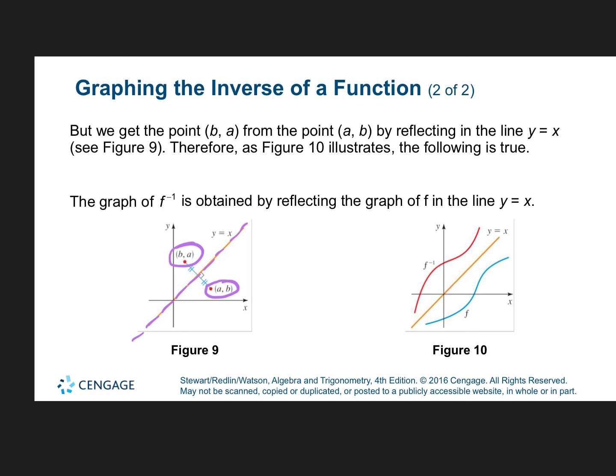So just a visual representation for you guys to see. If I have this blue function right here, this squiggly looking thing, and you were to graph it as the inverse, you have the same squiggly looking thing. It's just reflected over that line, y equals x.